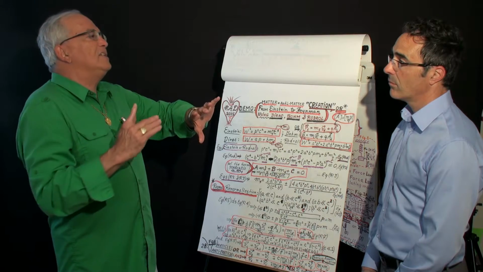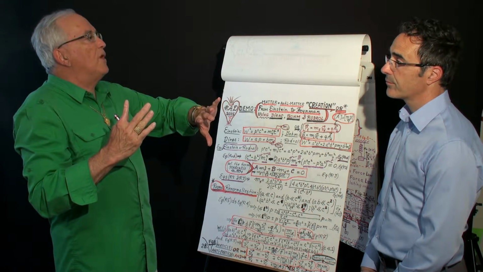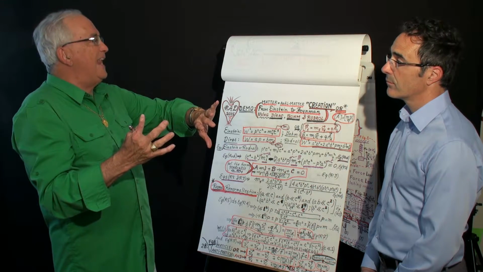And there is just a little antimatter, from some cosmic rays that we see, and we can produce it in labs.